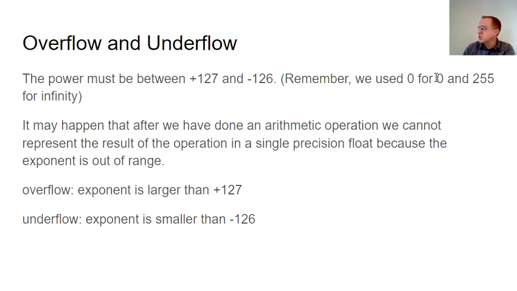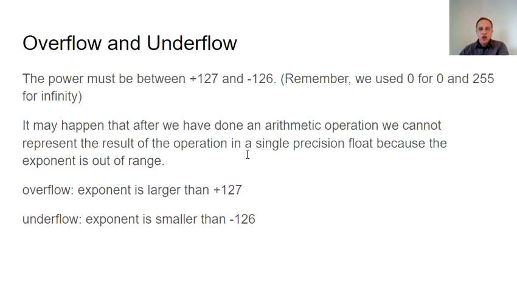If the exponent is 0, then that's 0. And if the exponent is 255, then that's infinity. So we sort of throw away two numbers for the purpose of infinity and 0. So in our 8 bits, instead of it being from minus 128 to plus 127, it's going to be from plus 127 to minus 126.